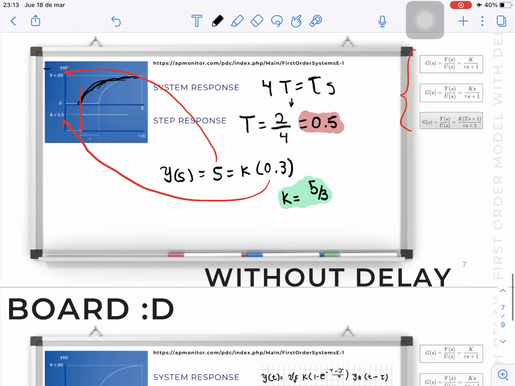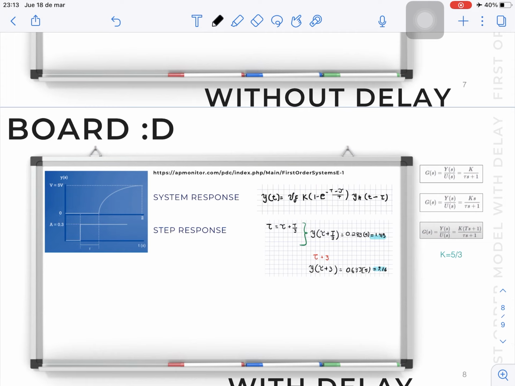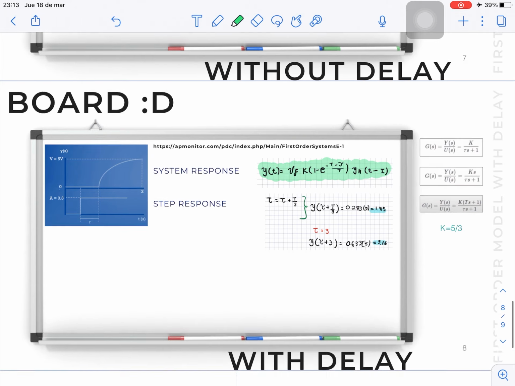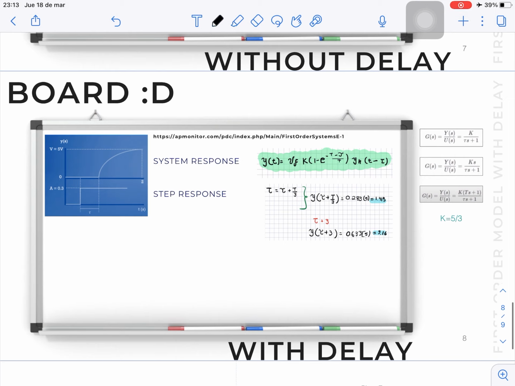So let's consider, I already put here our function that describes the behavior of a step response with delay. Now we can consider that the step response is over here and it starts at tau period of time.